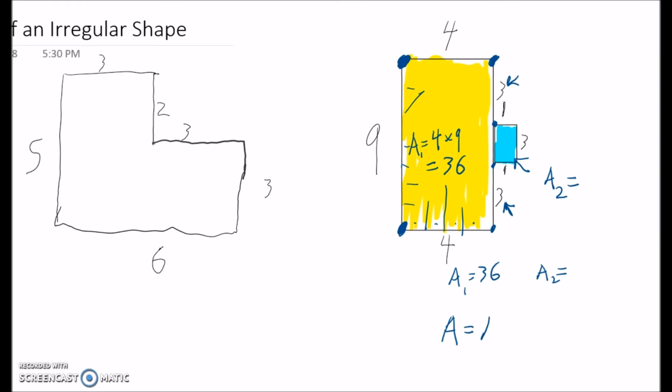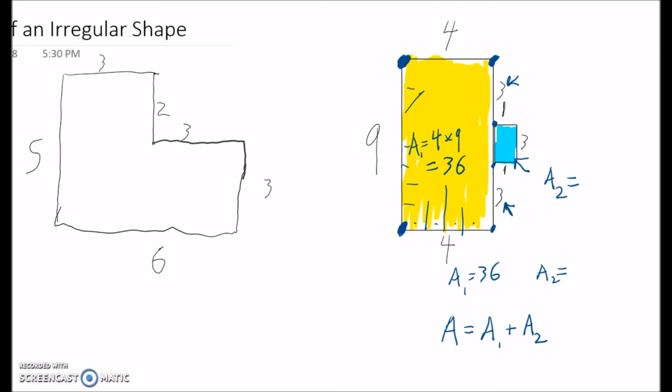So A equals, okay, so A2 here is just the cyan or blue colored, so the area of the second rectangle. That's why it's area A2, area 2. So what sides are we going to use?